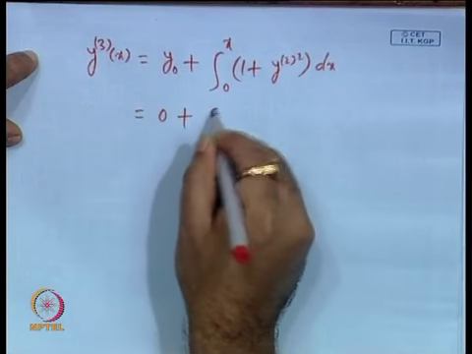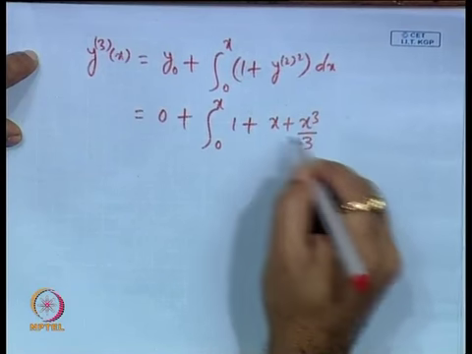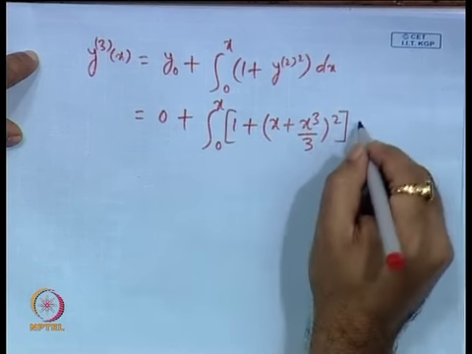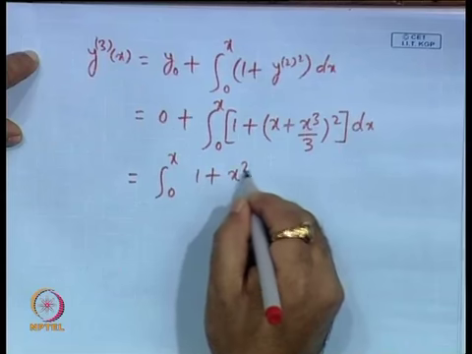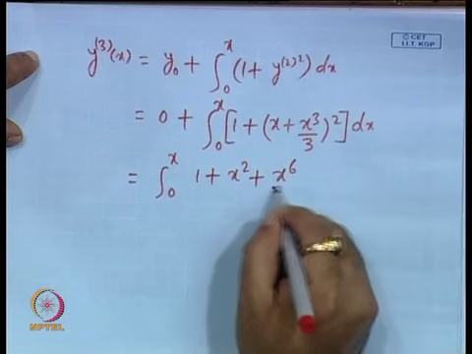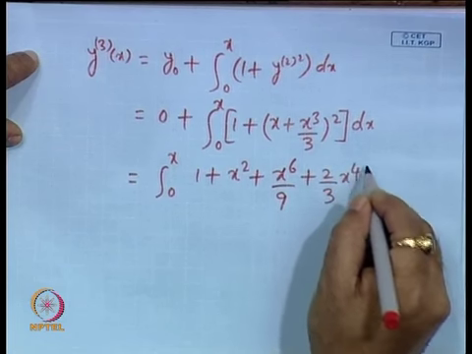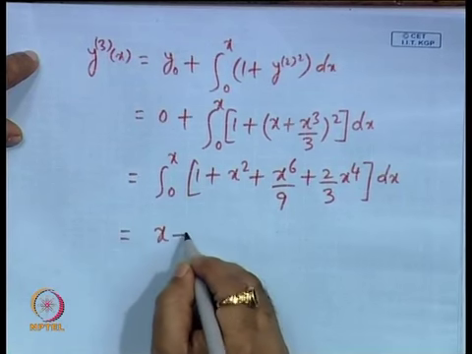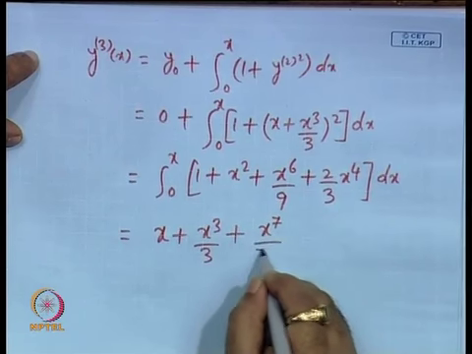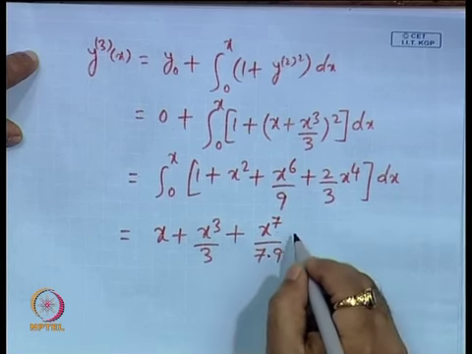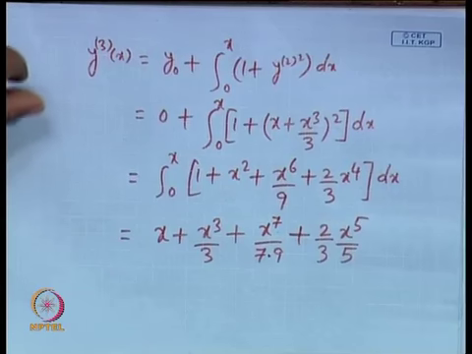So, this is 0, 1 plus y 2 is x plus, so this is 7 into 9 plus, so this is what we get, y 3.